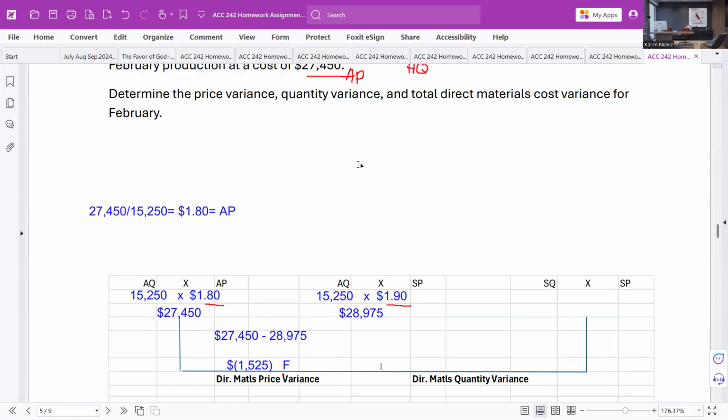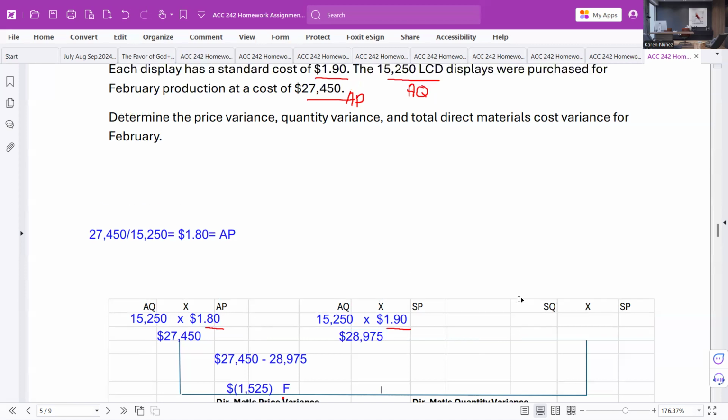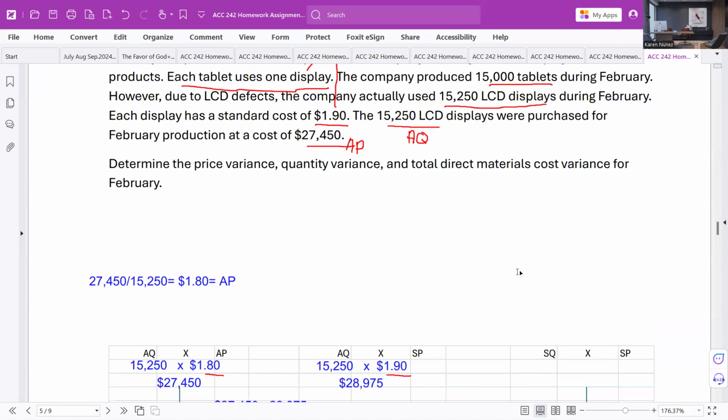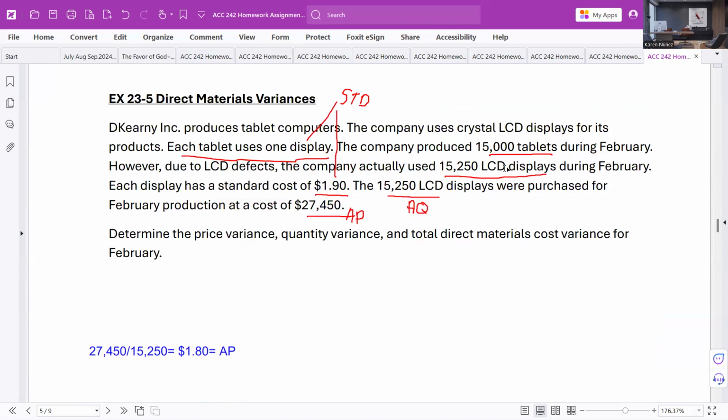And we also want to calculate that quantity variance. So we need the standard quantity, and they give us enough information to figure it out. So if we take the 15,000 tablets, I'm just going to type in units, it's just easier. 15,000 units, and each one needs a display.